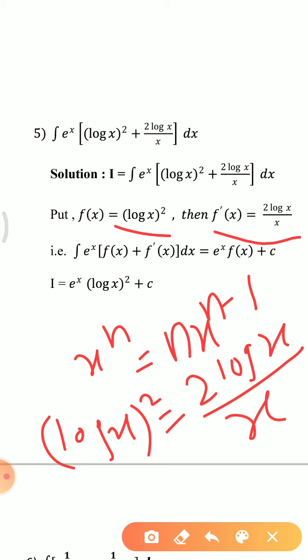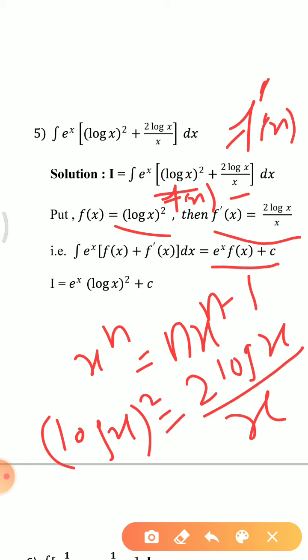See the question here: integration of e raised to x times ((log x)² plus 2 log x upon x). This is f of x and this is f dash of x. That means we apply the integral type: integral of e raised to x times (f of x plus f dash of x) is equal to e raised to x f of x plus c.